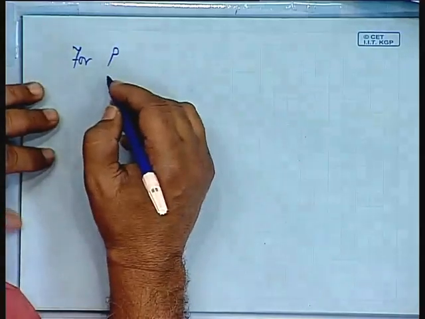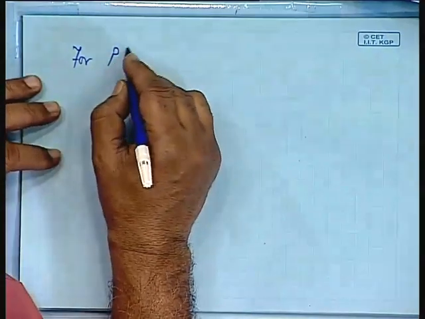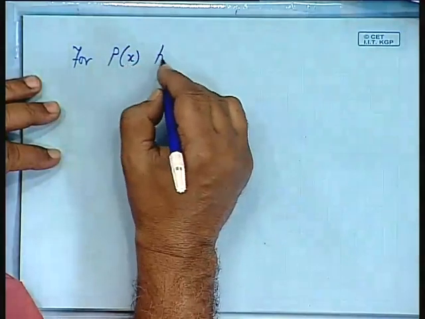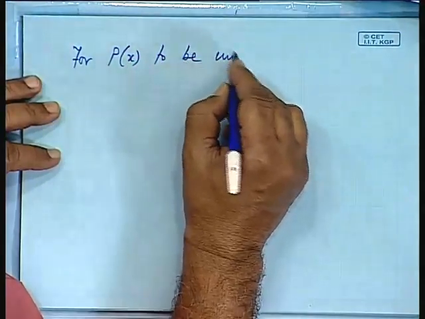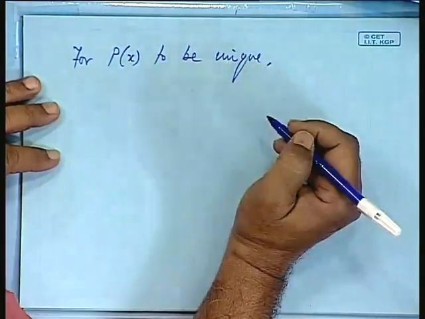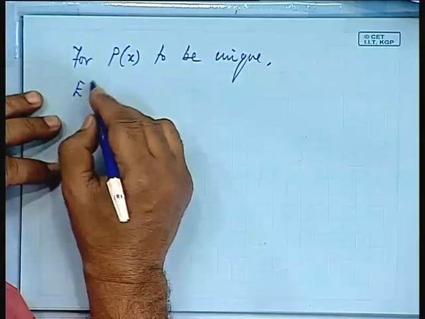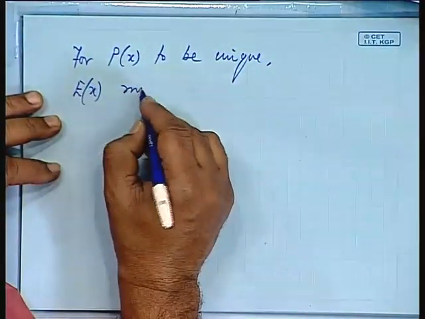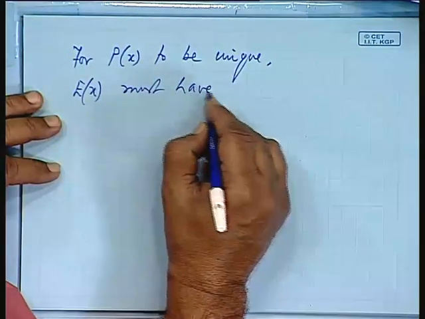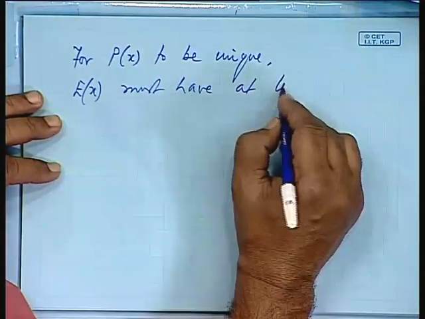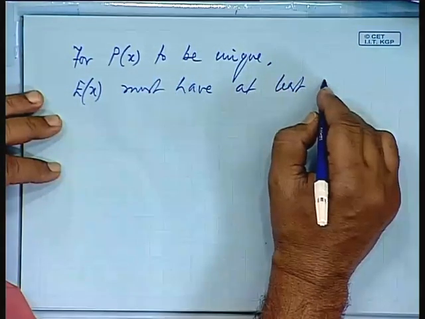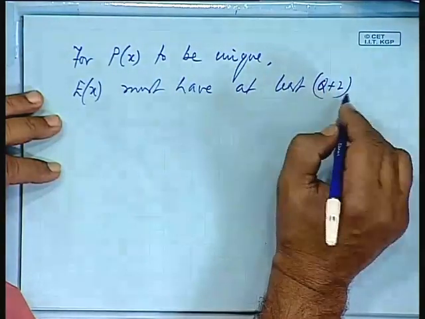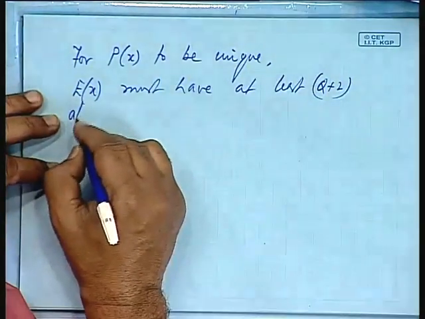So, for this condition, that is for Px to be unique, Ex must have at least q plus 2 alternations.